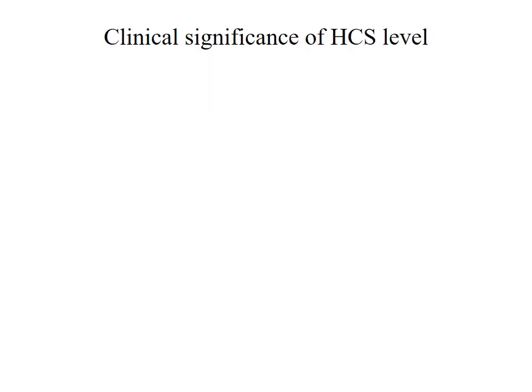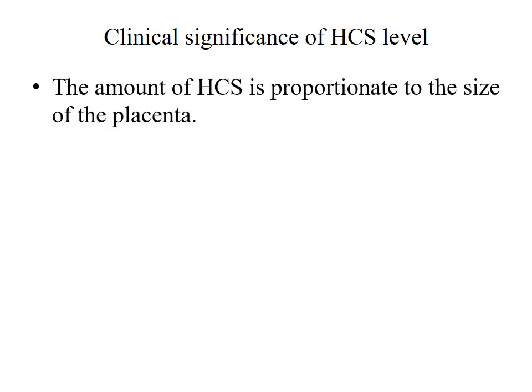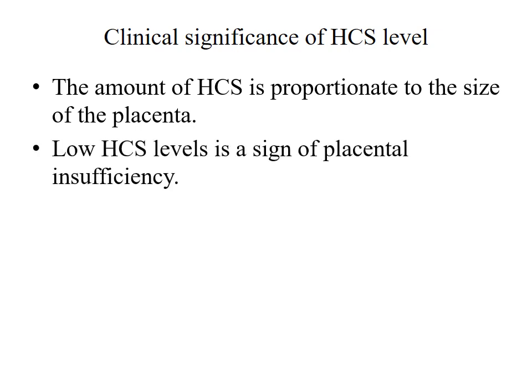Now let us see what is the clinical significance of HCS levels. The amount of HCS is proportionate to the size of the placenta, which means that if the individual has a healthy placenta, she will have a normal amount of HCS levels. Suppose there are low levels of HCS hormone in the blood, that indicates that there is something wrong with the placenta.